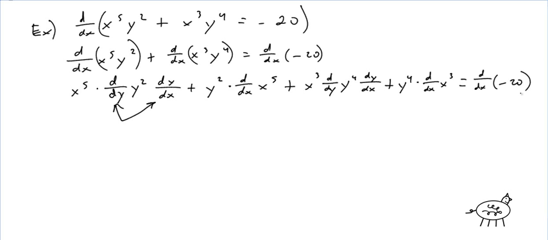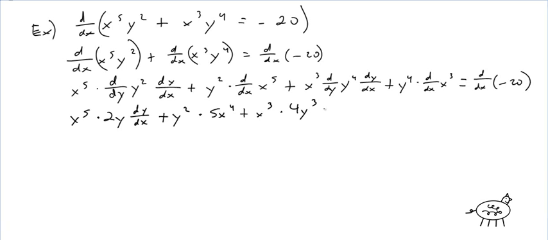All right, a lot of stuff here. Now let's do that. It's x to the fifth. What's the derivative with respect to y? Well, times 2y dy dx, plus y squared times the derivative of x, which is 5x to the fourth, plus x cubed times the derivative of y with respect to y, which is 4y cubed dy dx, plus y to the fourth times 3x squared, equals the derivative of a constant, which of course is 0.